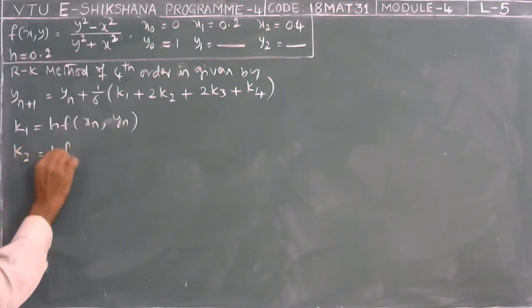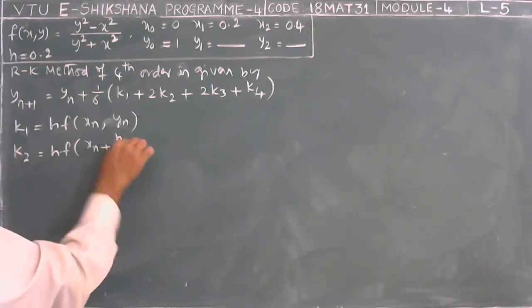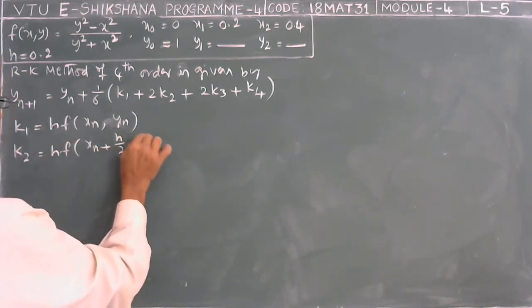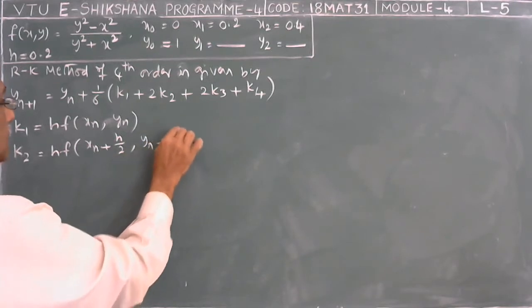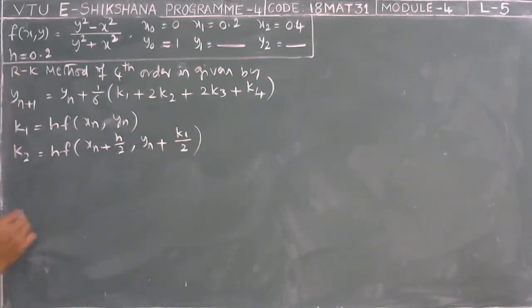K2 is h into f of xn plus h divided by 2 comma yn plus k1 divided by 2.